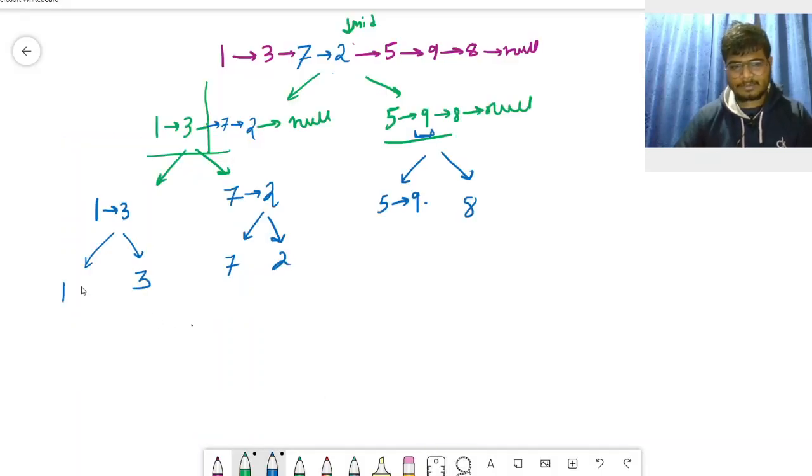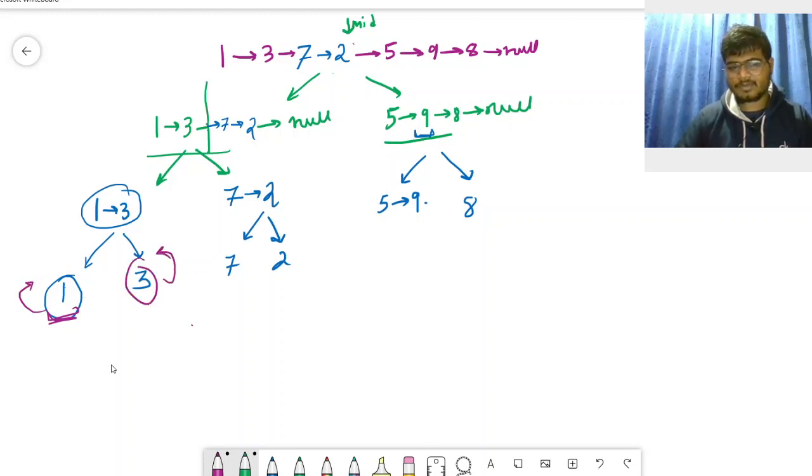Okay, so now when this is at 1, this is a single element. Now when this was divided into 1 and 3, they became single elements. So now this is going to return and say that I am sorted, and this is going to return and say, hey, I am sorted.